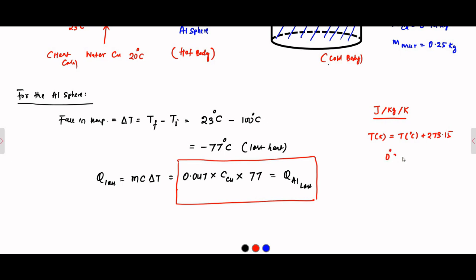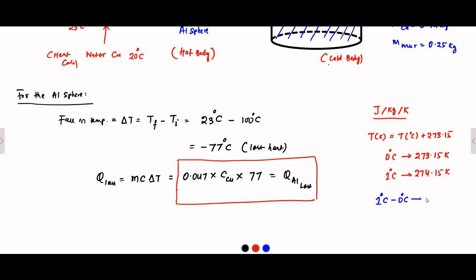That gives us the Kelvin temperature. 0 degrees Celsius is 273.15 Kelvin. Similarly, 1 degree Celsius is 1 plus 273.15, so it will be 274.15 Kelvin. Pay attention. Let's say we calculate the difference, 1 degree Celsius minus 0 degrees Celsius.